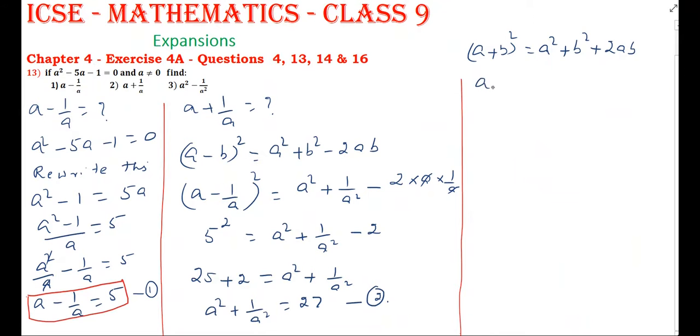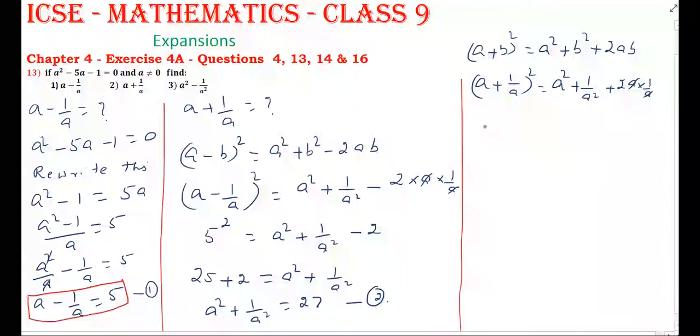It's a plus, instead of b we can put 1 by a, the whole square equal to a square plus 1 by a square plus 2a into 1 by a. This will be cancelled. So now a plus 1 by a the whole square equal to a square plus 1 by a square. We already found out this is the second equation. So we got a plus 1 by a whole square equal to 27.